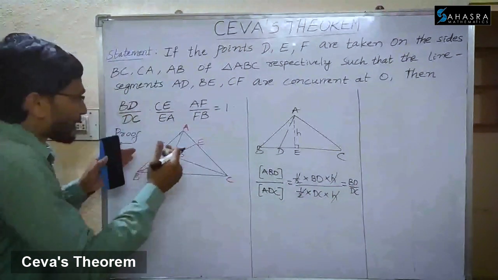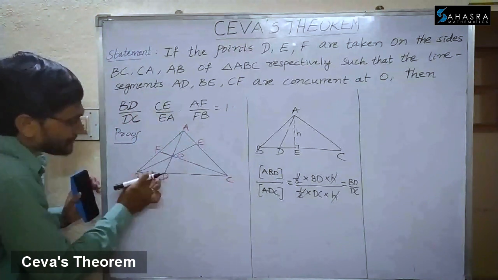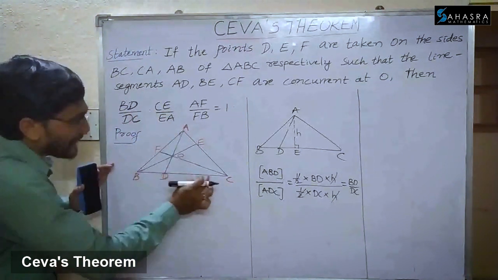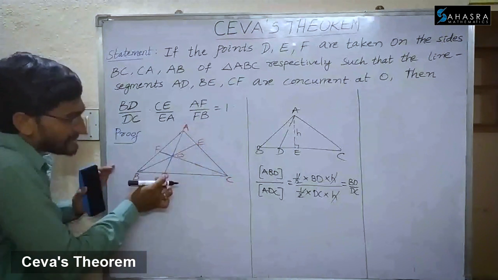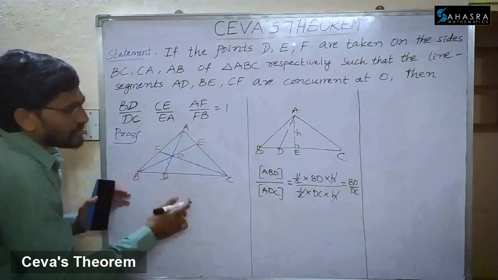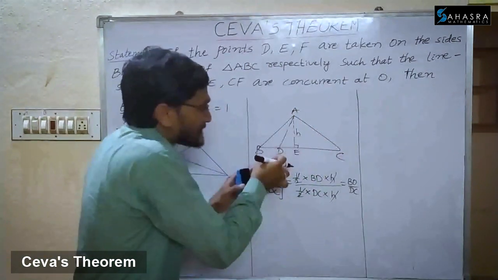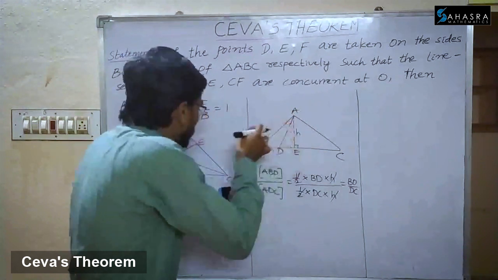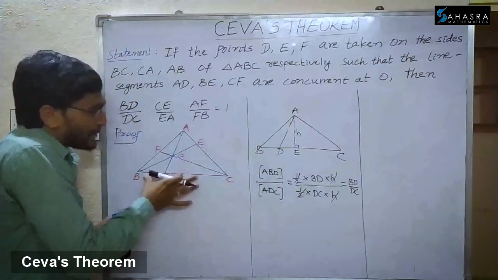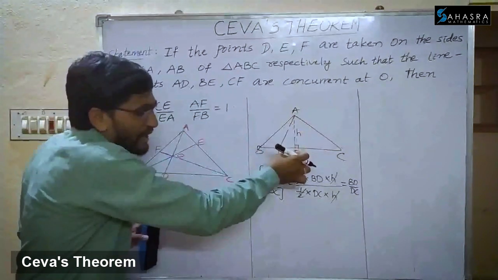Coming to the proof of this Ceva's theorem, this is a triangle. In triangle ABC, AD is the cevian. If we draw a perpendicular line to BC from A, then AE is the perpendicular line like this.